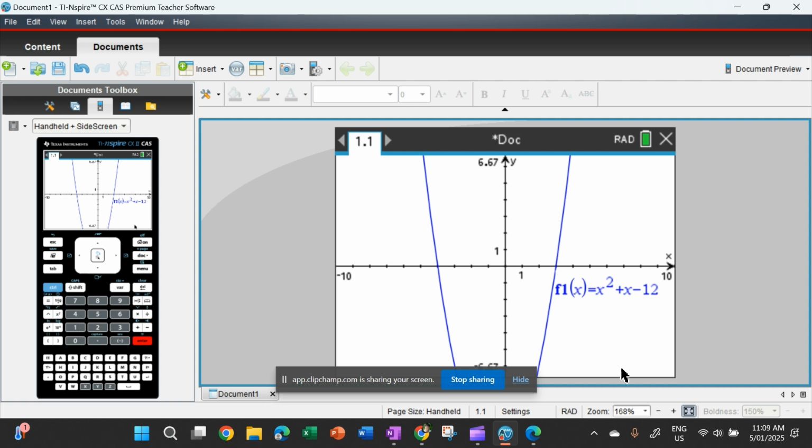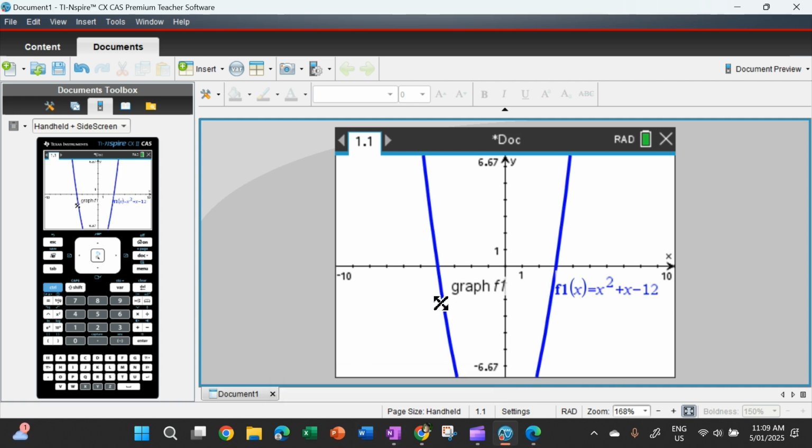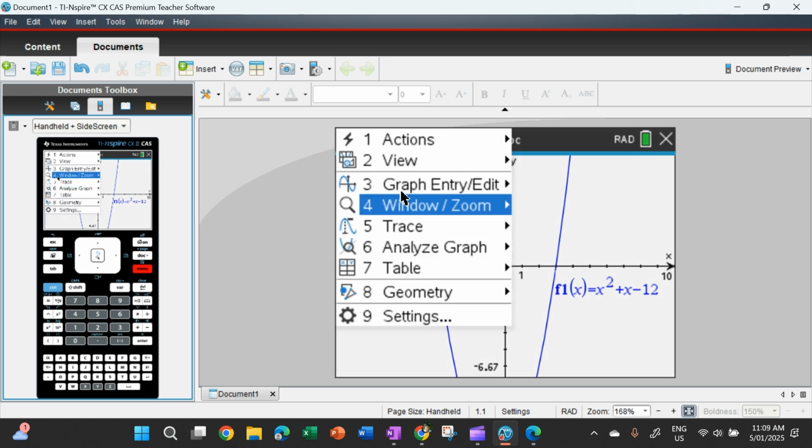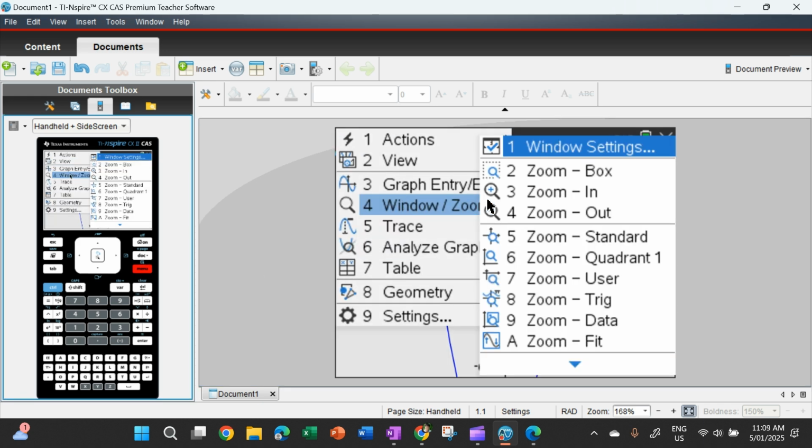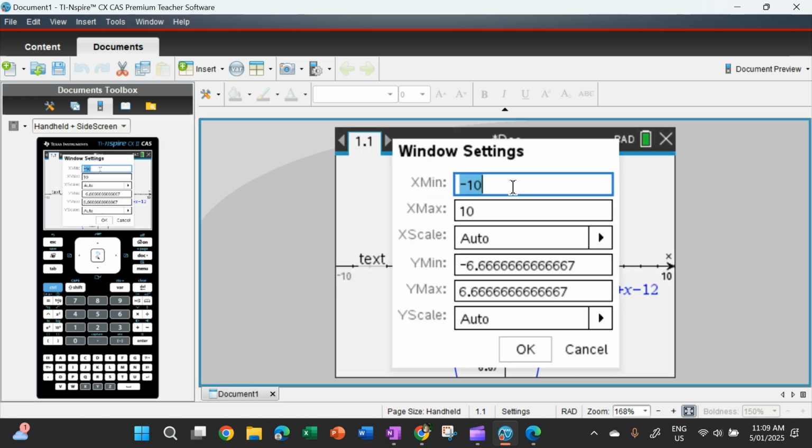You can see we can't actually see the whole graph, and we don't know where the turning point is. So we can use the menu, go to window and zoom, and set the zoom settings.